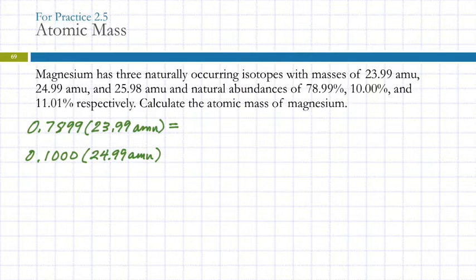And then the third one, 0.1101 multiplied by 25.98 atomic mass units. So now I'm just going to use my calculator, 0.7899 times 23.99.